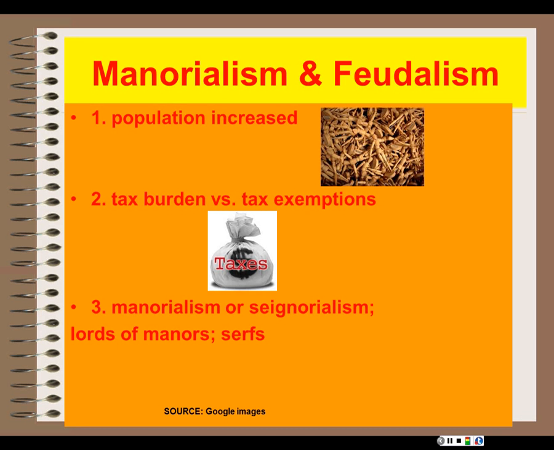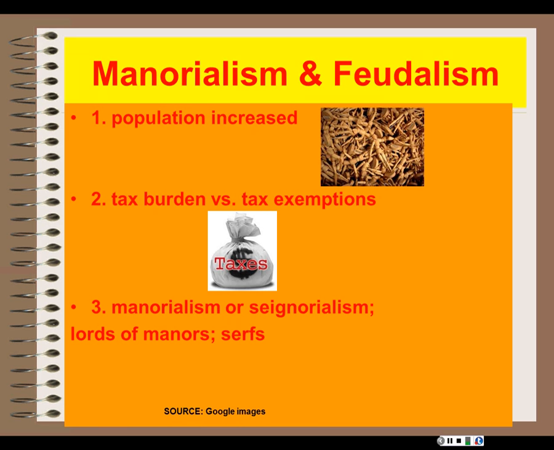Meanwhile, their tax burdens are increasing, and usually those tax burdens are falling on the lower class. They're not falling on the upper class, and as we'll see here, there were all kinds of reasons for that, but the upper class was generally exempt from heavy taxation.